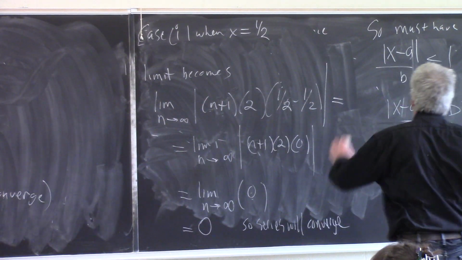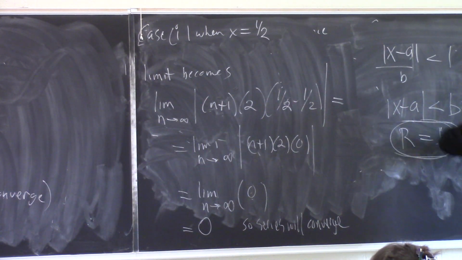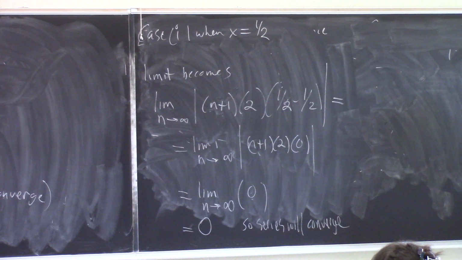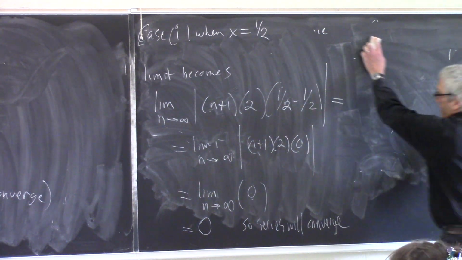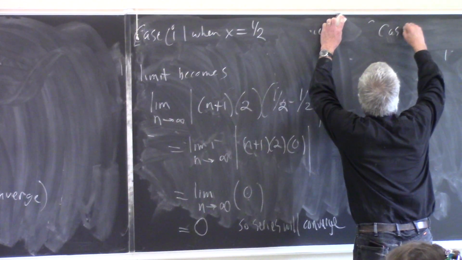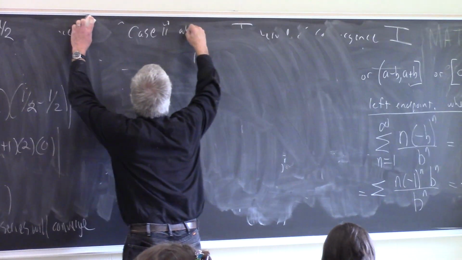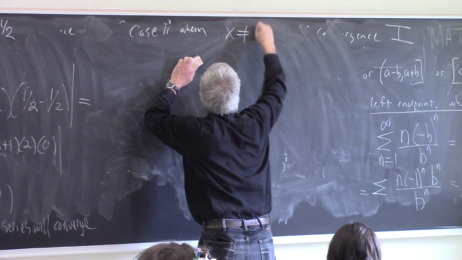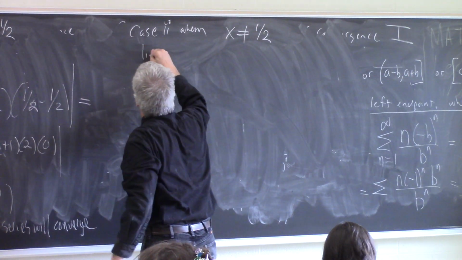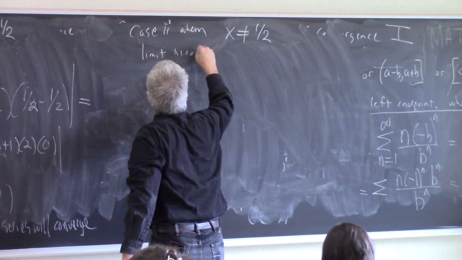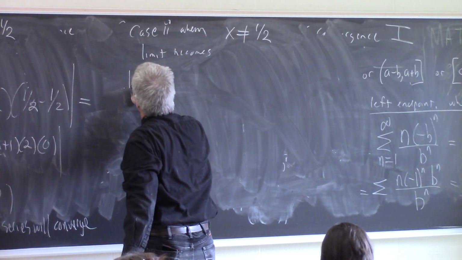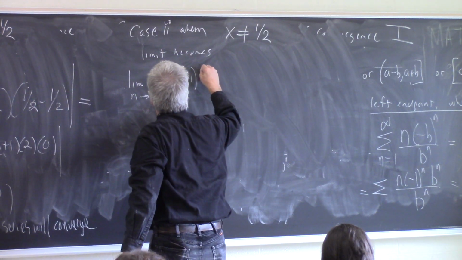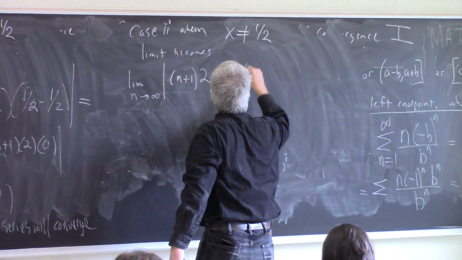Now let's consider the harder case. Again, we're asking, are there any other x's where this series converges? Case 2 is when x is some value. We don't know what it is, but it's not 1/2. The limit becomes the limit as n goes to infinity of the absolute value of n plus 1 times 2 times x minus 1/2.